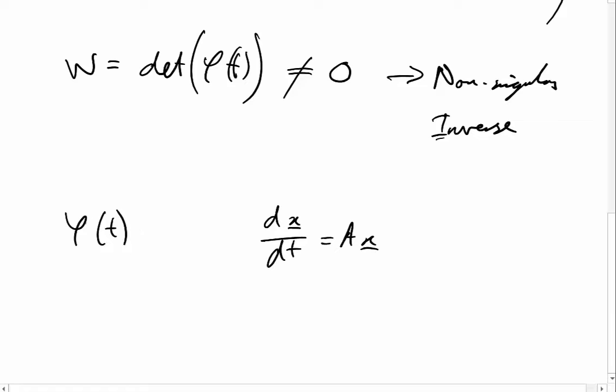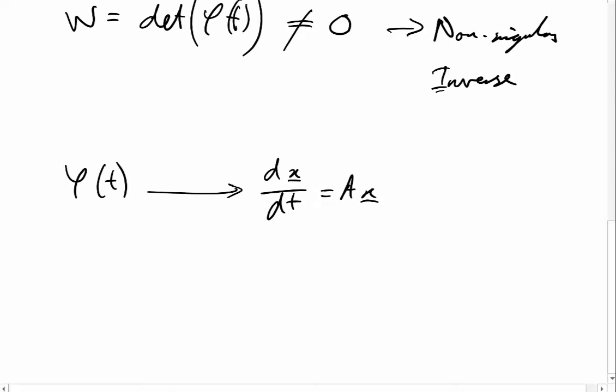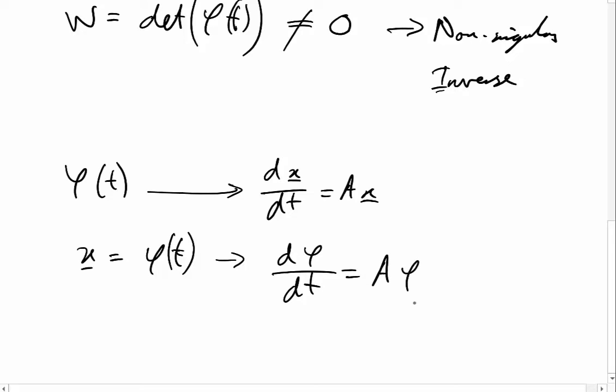This matrix represents all of the fundamental solutions that satisfy that. Then, fairly obviously, x can just be written as this fundamental matrix. So in other words, this fundamental matrix will satisfy this equation, so d phi by dt will just be equal to A times phi.